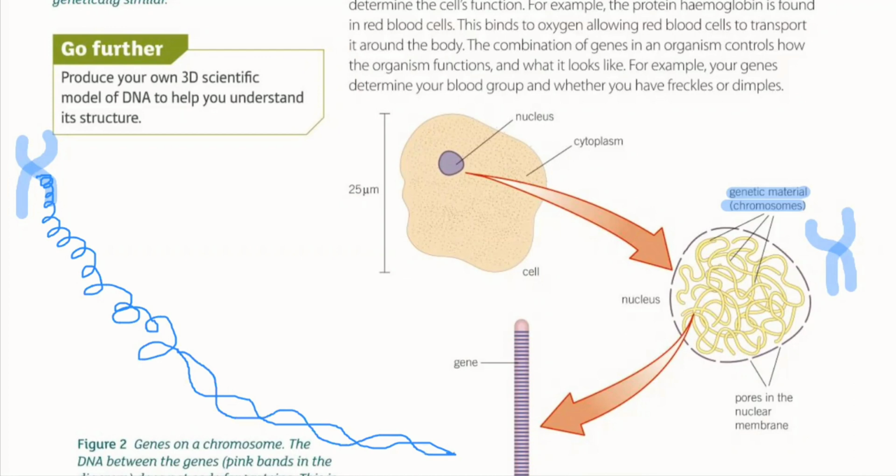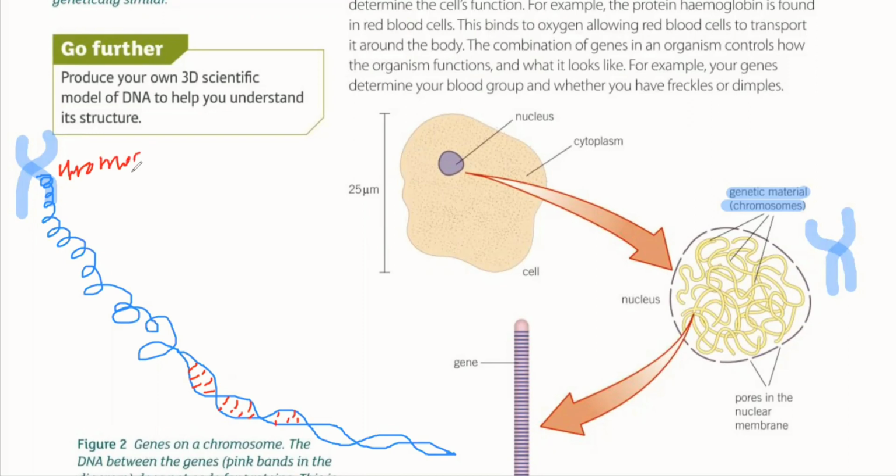Further, you will see that it is connected like this to each other. So this is the whole structure of a chromosome, which is found inside the nucleus of a cell. This was our chromosome.